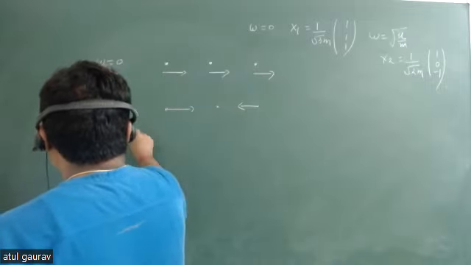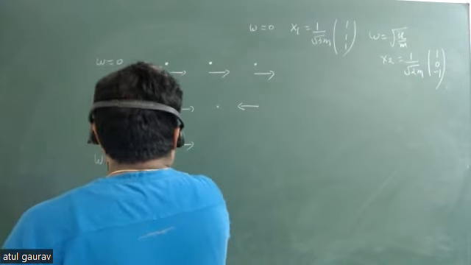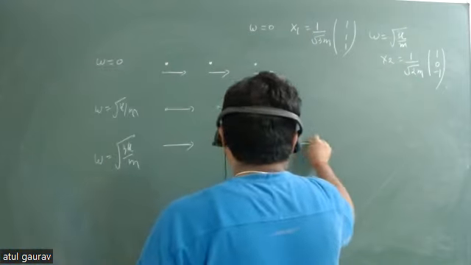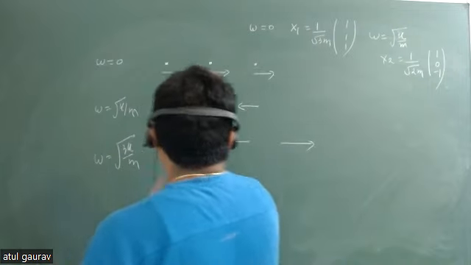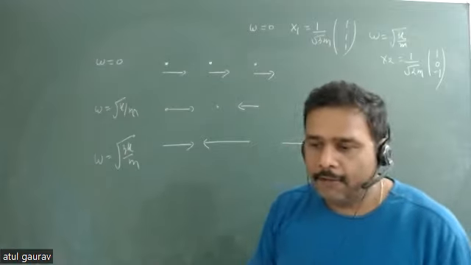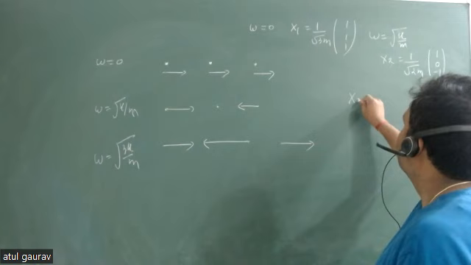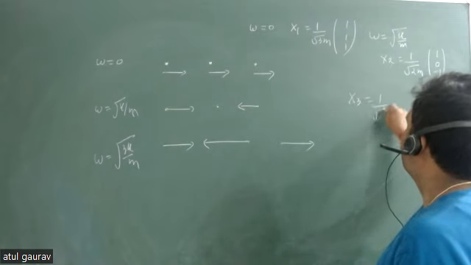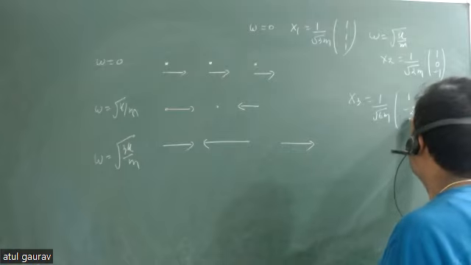And what about the third one? Root under 3k upon m. If the first particle is moving 1 unit, the third one is also moving 1 unit, but the second one is moving in the opposite direction with double the magnitude of the first and third. You remember what your x3 is? Your x3 is 1 upon root 6m, 1, minus 2, 1.